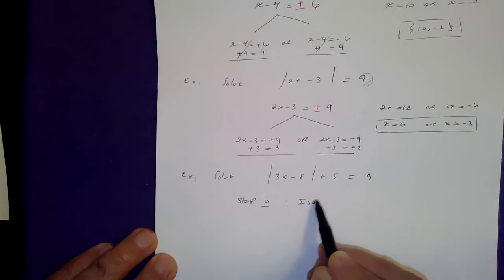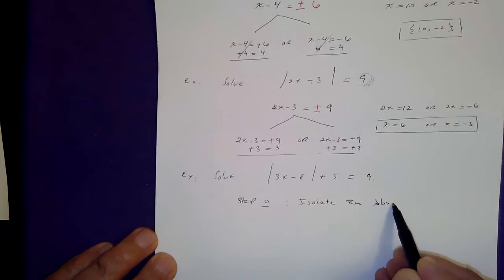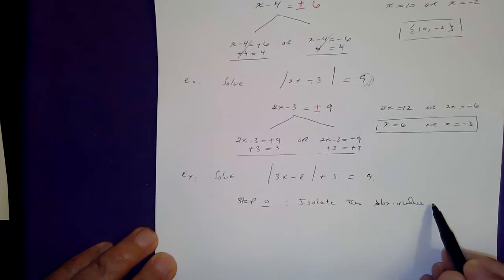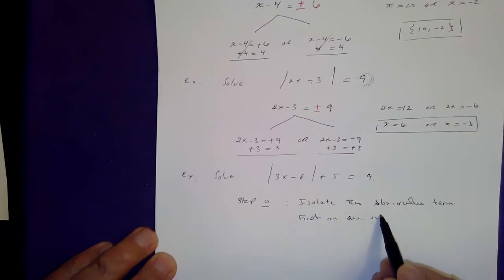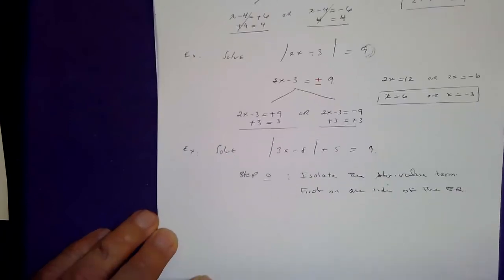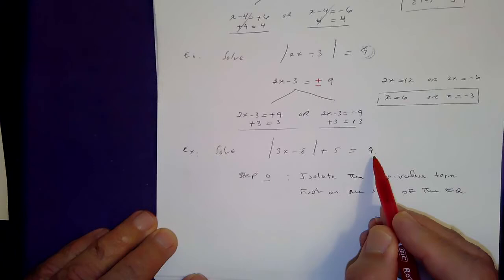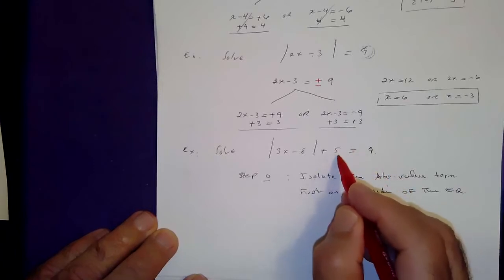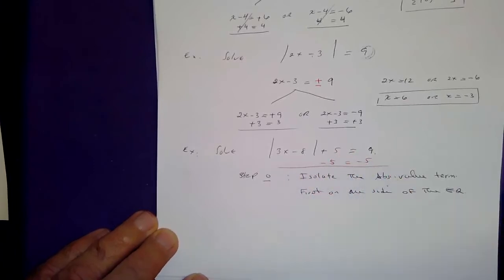Is to isolate the absolute value term first on one side of the equation, first. So what does that mean? That means before you attach plus or minus to the 9, get rid of the 5. In other words, subtract 5 from both sides first.